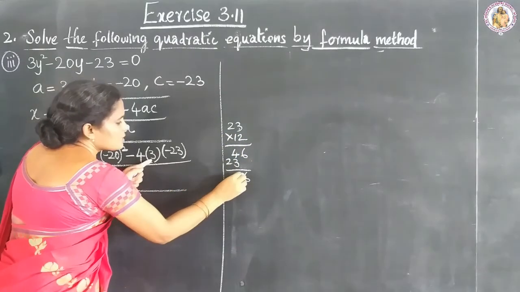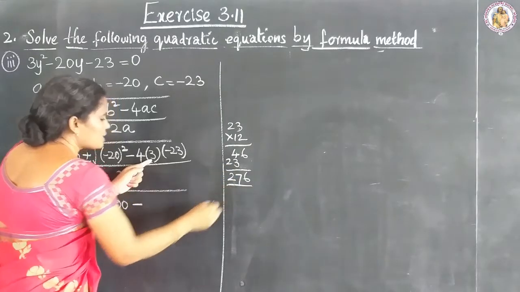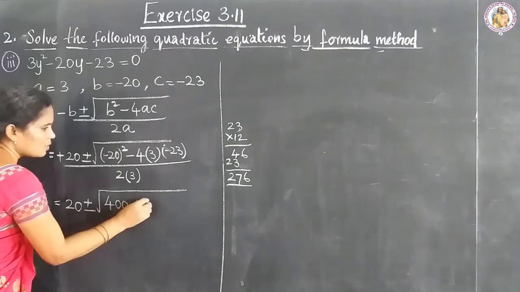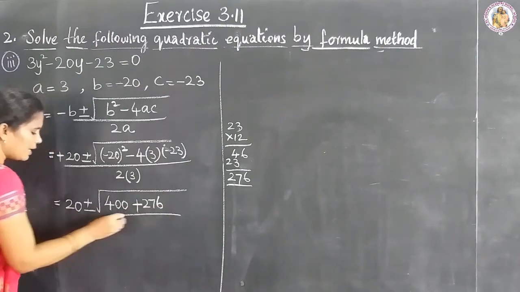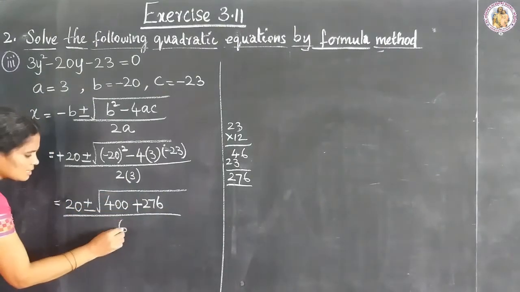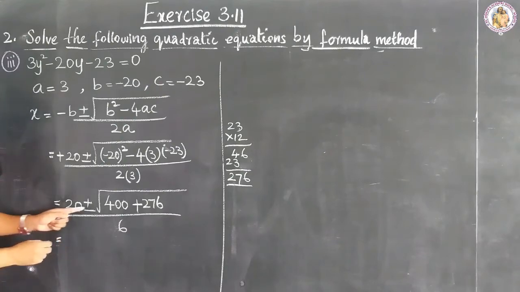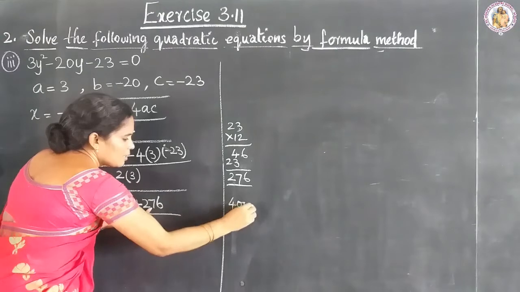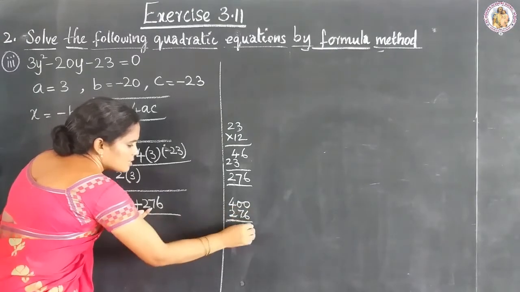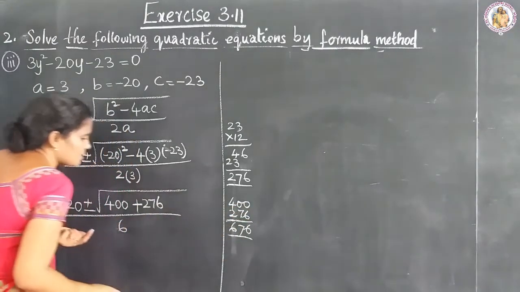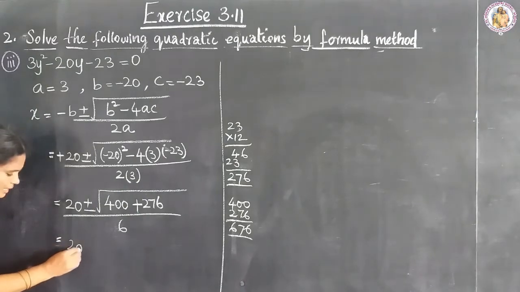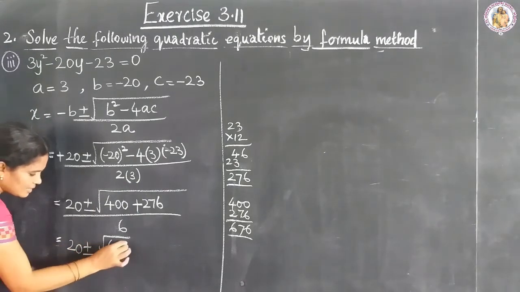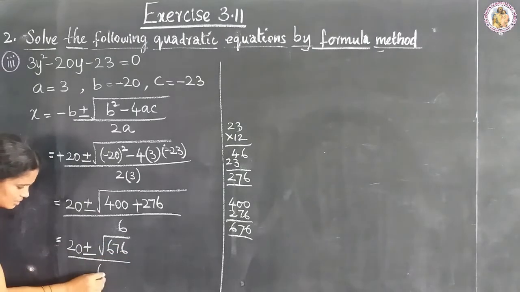So 276. So minus into minus plus 276, divided by 3 2s are 6. Now add 400 plus 276. 400 plus 276 is 676. Okay. So 20 plus or minus square root of 676 divided by 6.